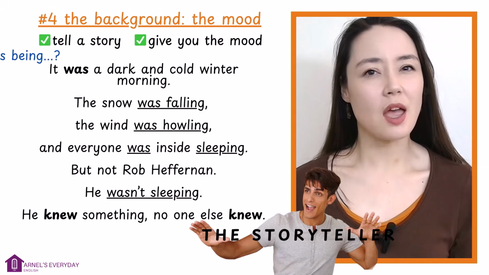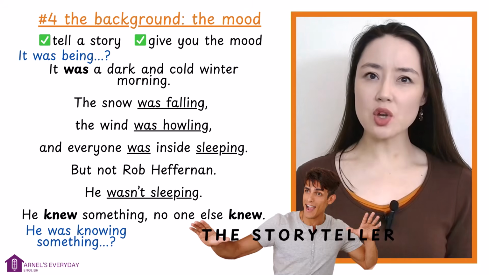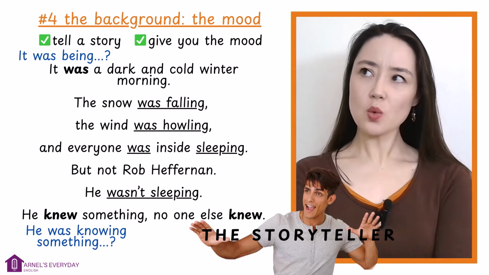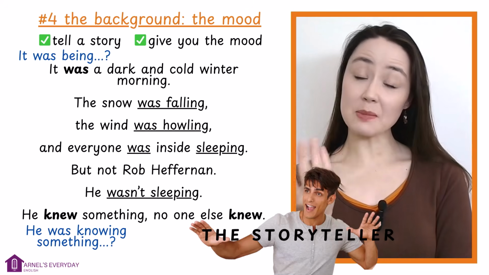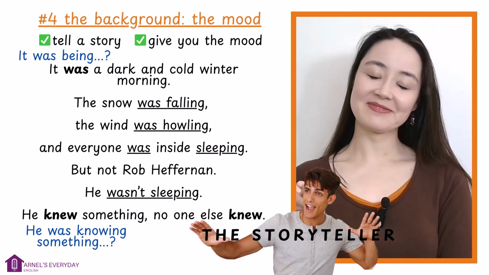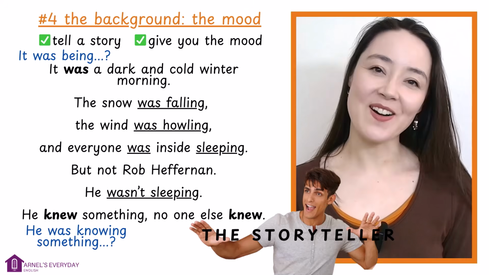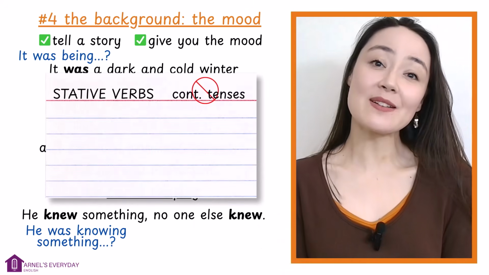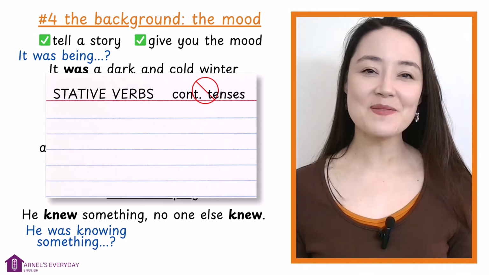Why don't I say it was being a dark and cold morning? Or he was knowing something? We're describing something over a period of time, right? If you've been watching my series on the tenses, you know that we do not normally use stative verbs in continuous tenses. What are stative verbs?